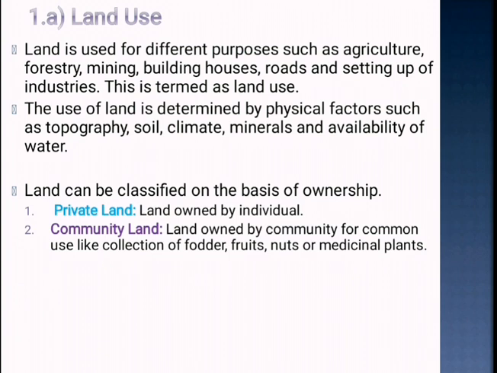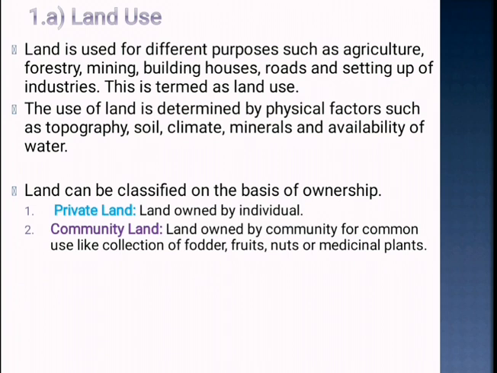The use of land is determined by physical factors such as topography, soil, climate, minerals, and availability of water. Which means the quality of the land is determined by some physical factors. If the land is fertile, we will cultivate there.